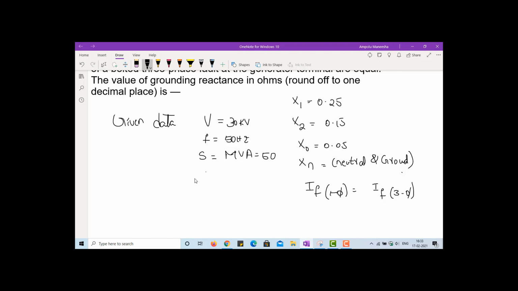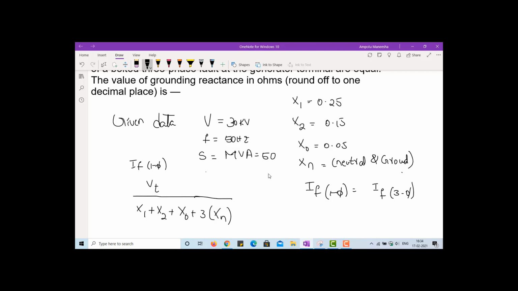So as we have discussed previously, single phase fault current is unsymmetrical, which is given by terminal voltage across the generator divided by positive sequence reactance plus negative sequence reactance plus zero sequence reactance plus 3 times the reactance that is connected between neutral and ground. This is single phase fault.